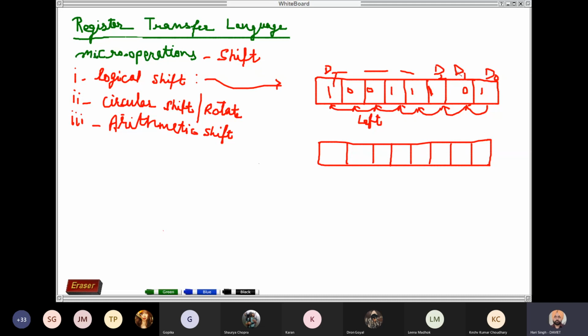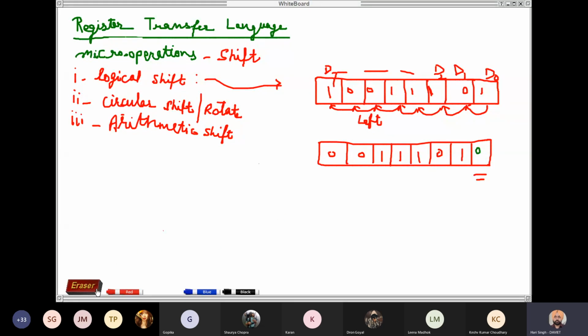The data becomes 00111010, and at the vacant position we write 0.